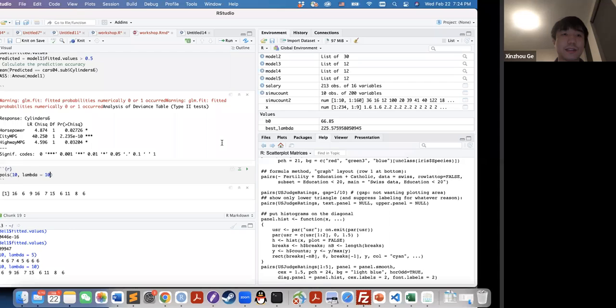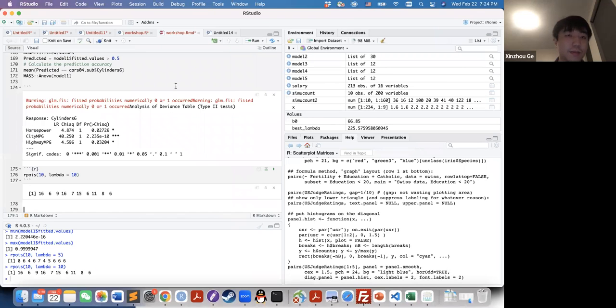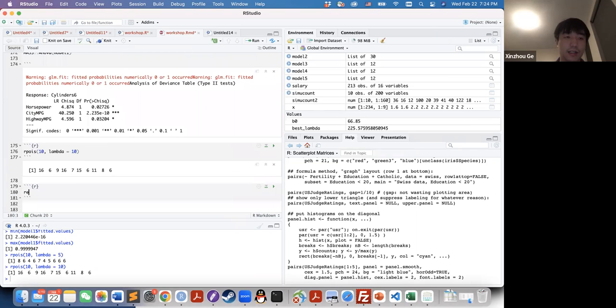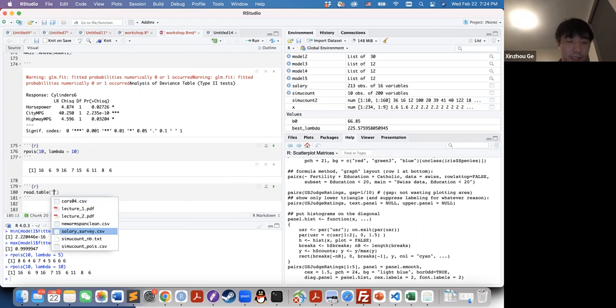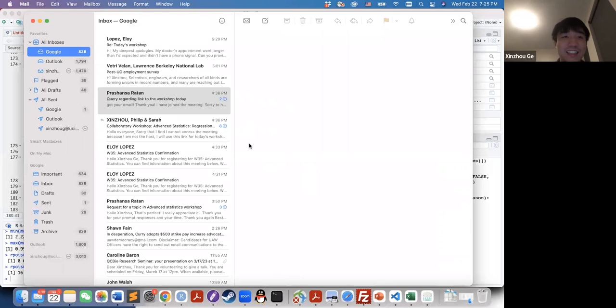So let's look at the dataset first. Let's read the table. We use the function called read.table to read the txt file, simulpos.txt. Oh, let me check whether I sent you the txt file or CSV file.